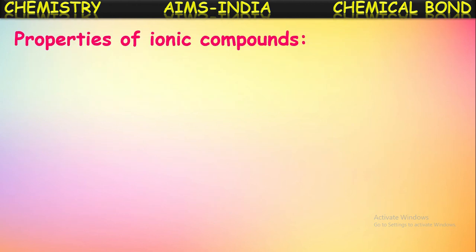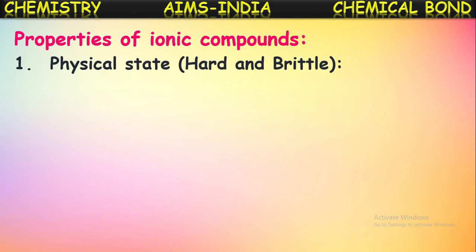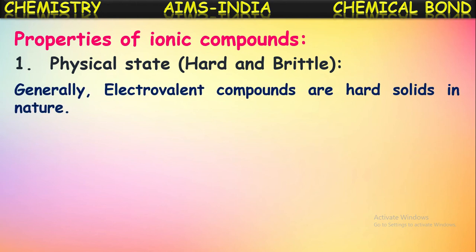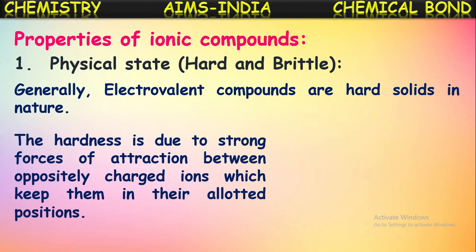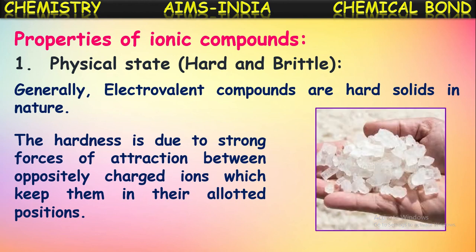Next, let us see the properties of these ionic compounds. Let us see first the physical state. Generally, electrovalent compounds are hard solids in nature. The hardness is due to strong forces of attraction between oppositely charged ions, which keep them in their allotted positions with tight bondings.